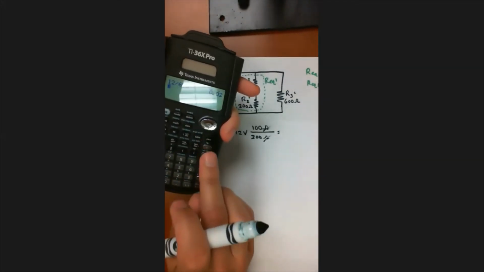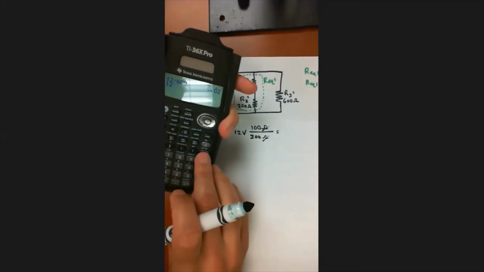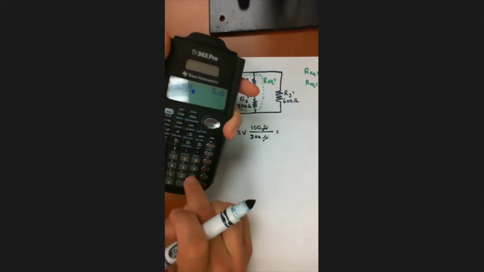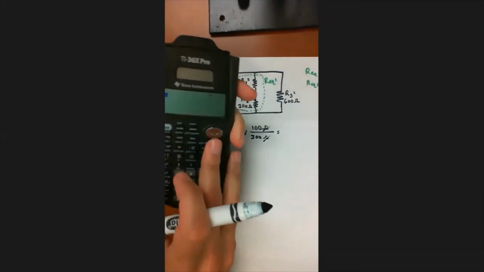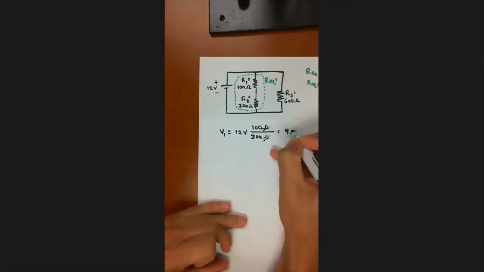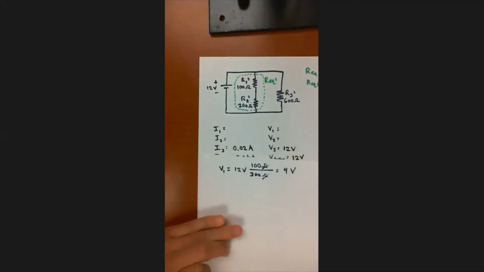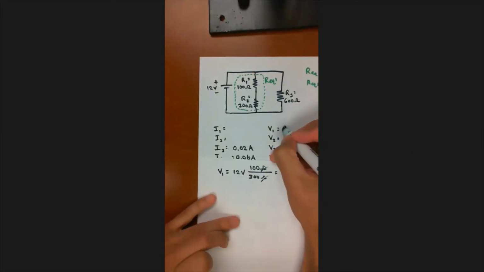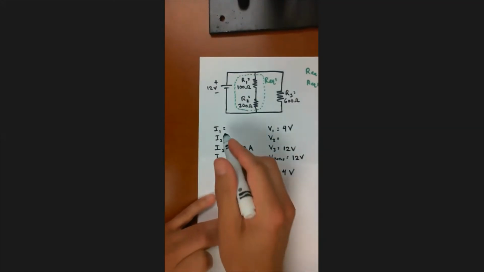Trust but verify. You ever heard that? 12 times 1/3. Yeah, okay. 1/3 of 12 is 4, so I'm left with 4 volts. So V1 is 4 volts. And now I know V1, I know R1, so I can get I1.